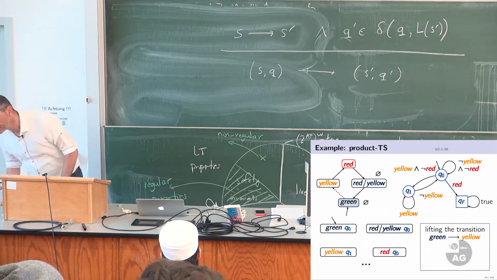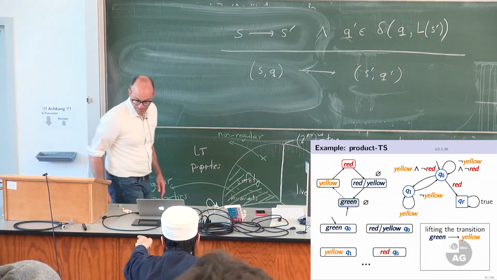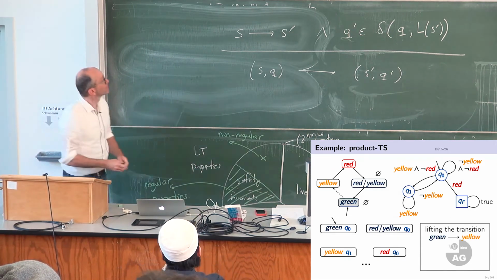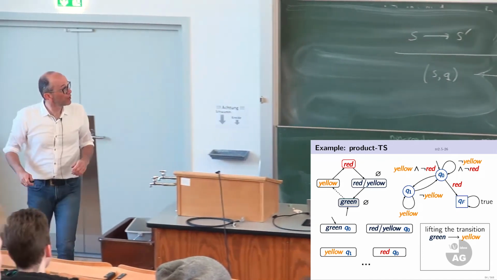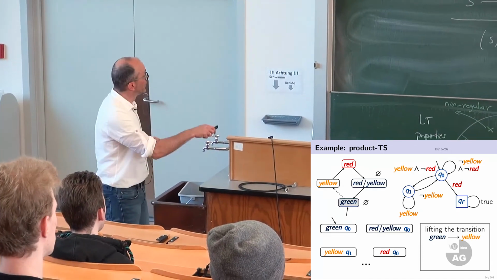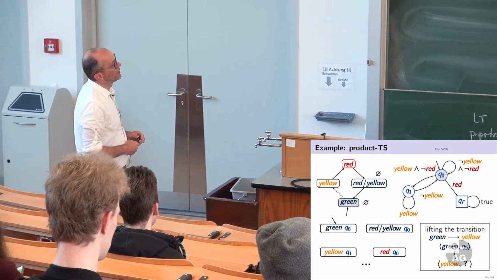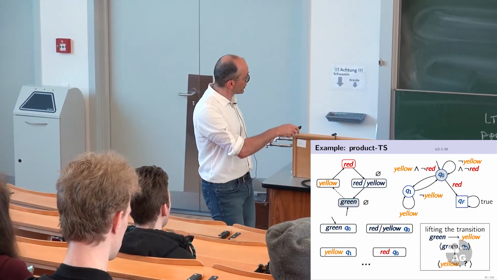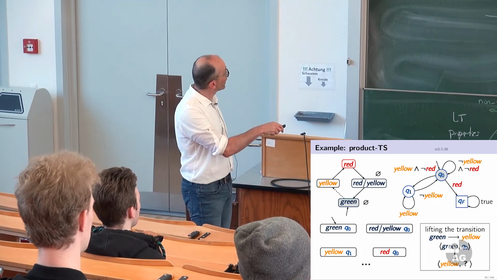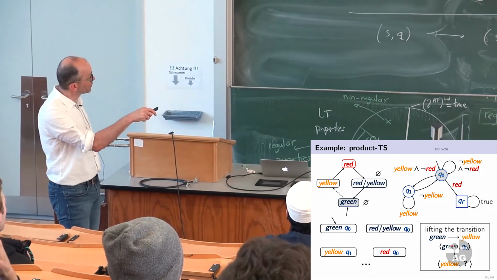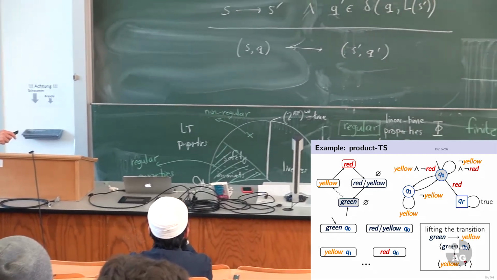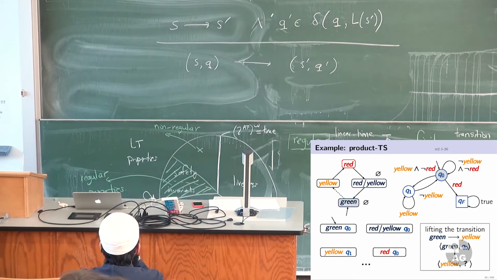Where is my pointer? Here. Thanks. Good. So if we apply this now on the following thing, so we're considering green goes to yellow, then that means we are considering the transition of green, comma, well, where are we now? We are in Q0, so we consider green Q0, and we're interested in what is the resulting state. So what's the state Q prime?